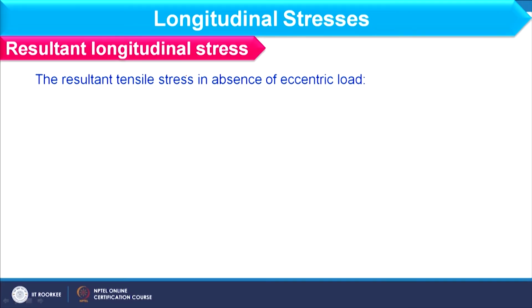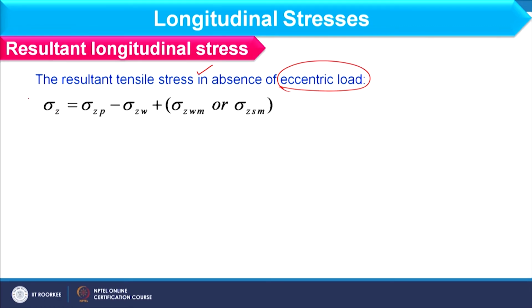So, first of all I am considering the resulting tensile stress, and in this I am not accounting for eccentric load, right. So, in this case we have sigma_z as the resultant tensile stress, and this is the expression, okay, and this expression is valid for internal pressure. Fine. So, if I am considering tensile stress which is generated in the shell, it means it will try to expand, right.